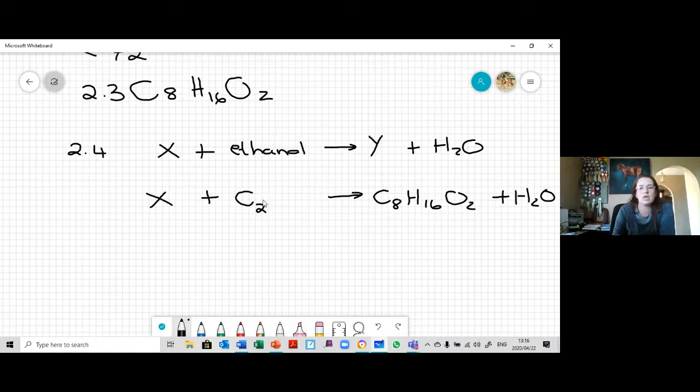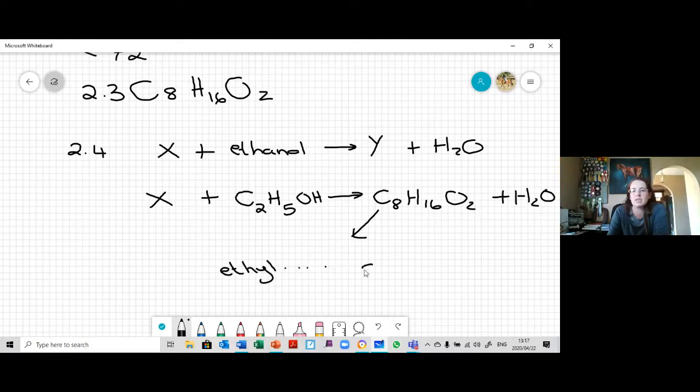Now I have to think 3 H's, another 1, 2 H's, so that's H5, with an OH. Okay. Now, the fact that I have ethanol means that my ester is going to start with ethyl something something something OH. Okay?